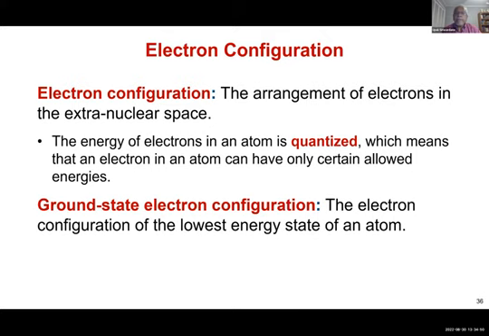Electrons are small particles, but they behave more like waves. When something behaves like waves, it's more like energy. They have wave shapes, and the energy is quantized. So a proper description of electron distribution around the nucleus is to describe their wave shapes.